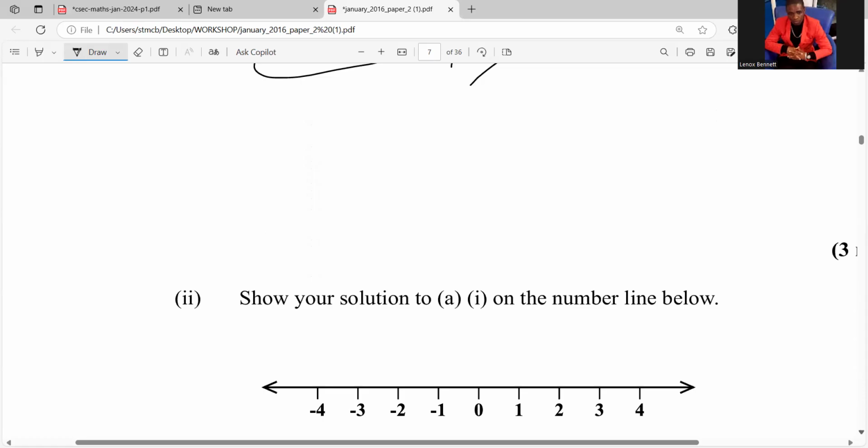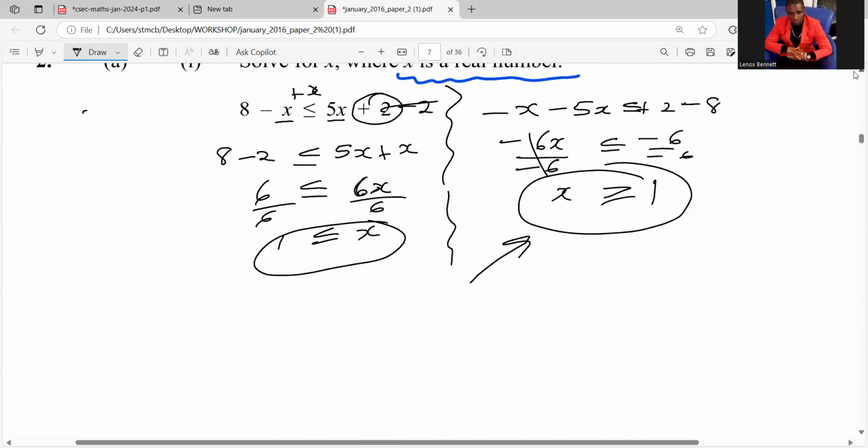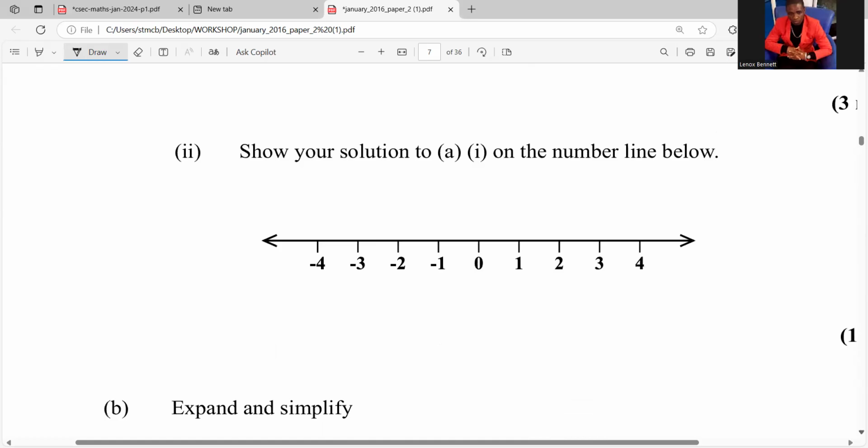It says show your solution to A1 on the number line. I'm going to work with x greater than or equal to 1. All the values that are greater than or equal to 1 would be here.